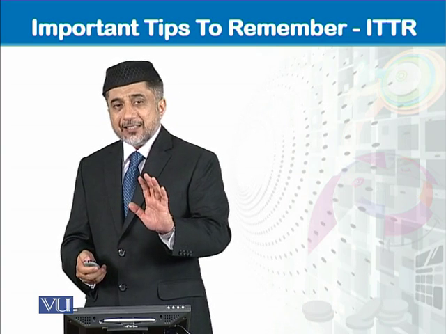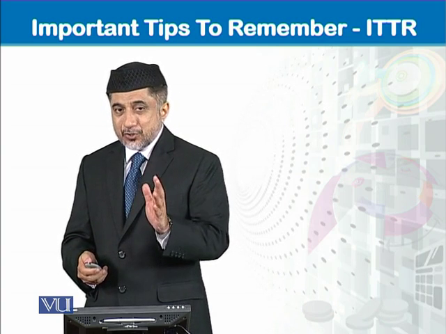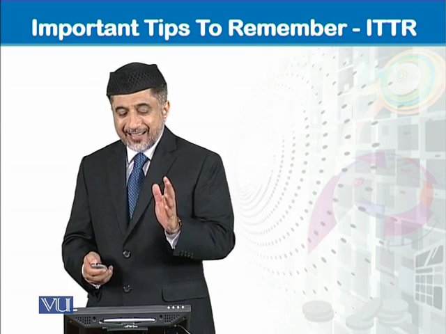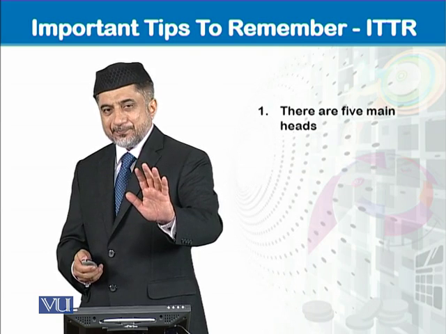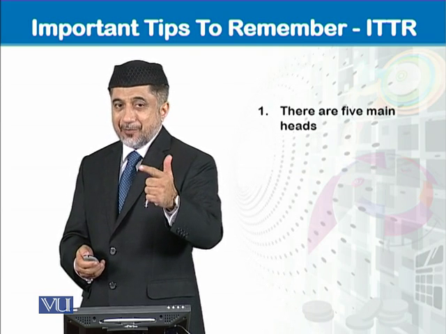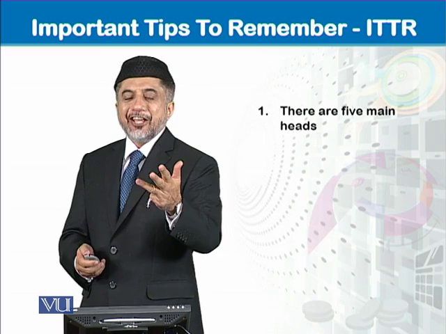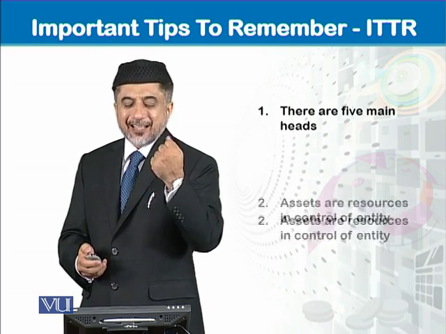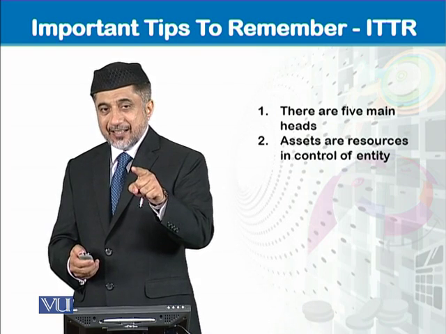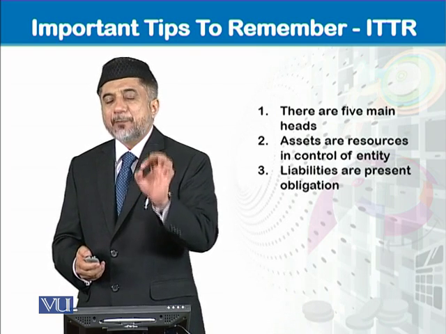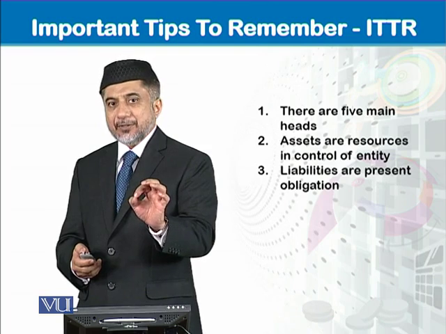So the important tips to remember are: number 1, there are 5 main heads of accounts: assets, liabilities, owner's equity, income and expenses. Assets are resources in control of the entity, and liabilities are present obligations of the entity.